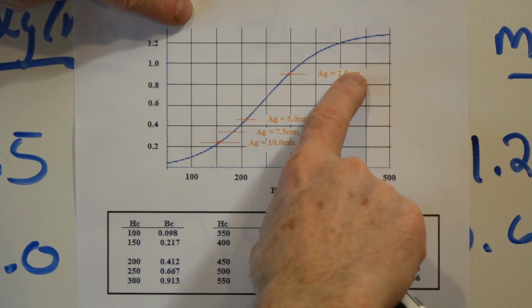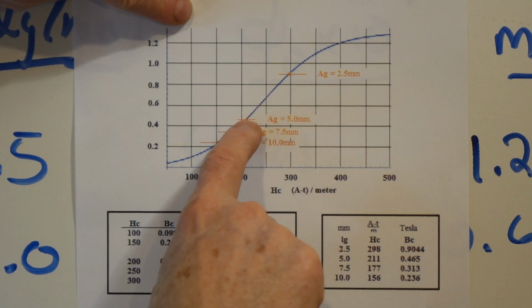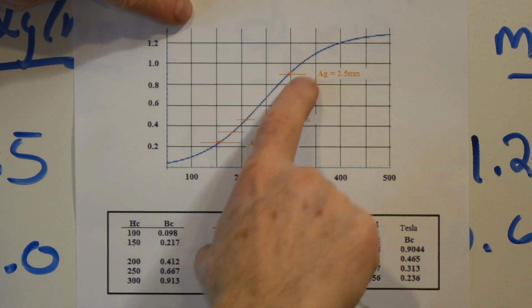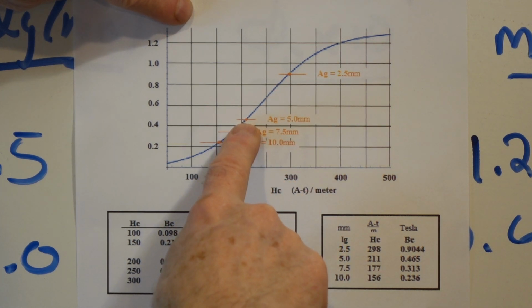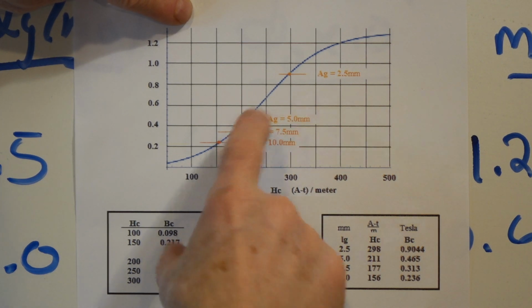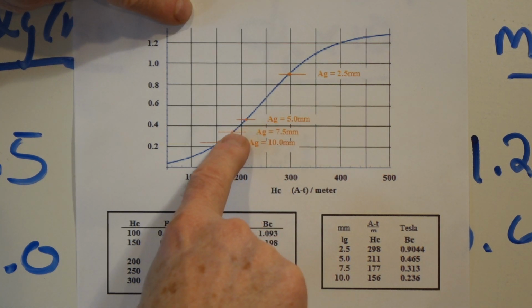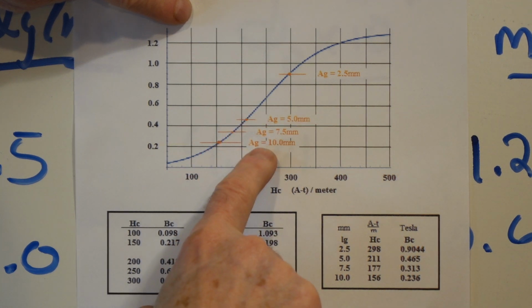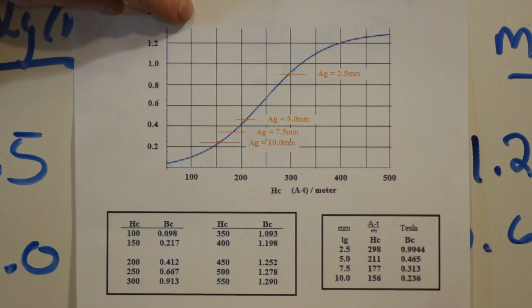If we double the gap width to 5 millimeters, the operating point drops to about half. We're in the linear region. It drops to about half of what it was with a narrower gap. And as we continue increasing the gap width, our operating point moves downward.